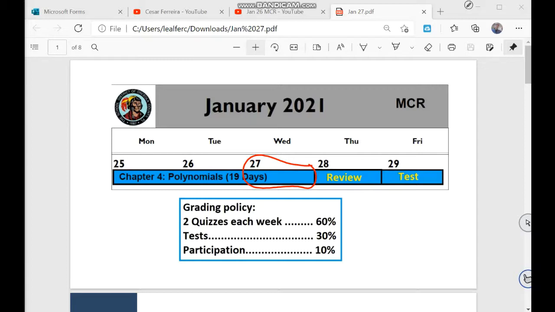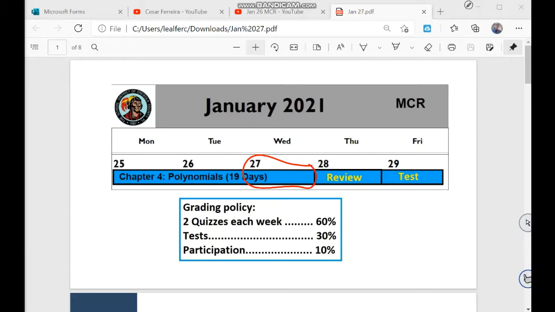Because if you come tomorrow prepared to work every question, to pay attention and work every question of the quiz, you can use this knowledge, this chance, to answer the tests on Friday. On Friday we will not have a meeting, we have only tests, but I'm going to be here available to help you if you need.